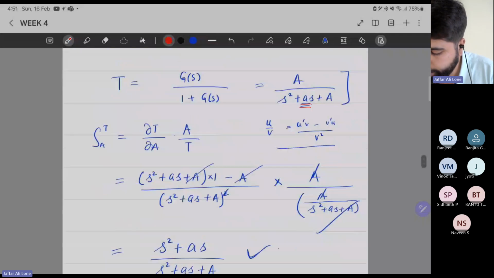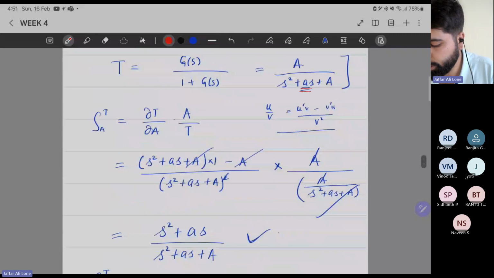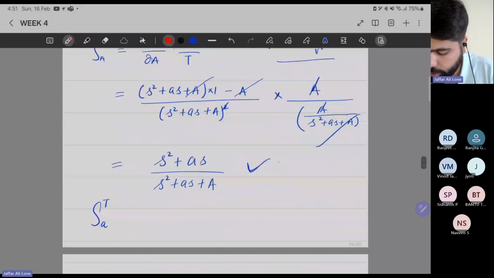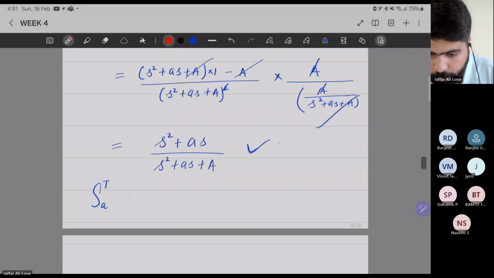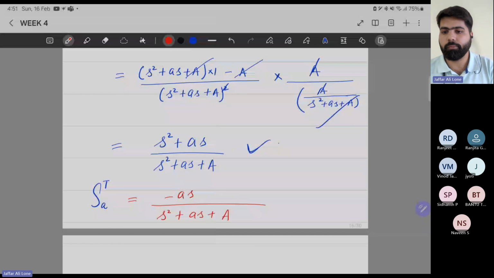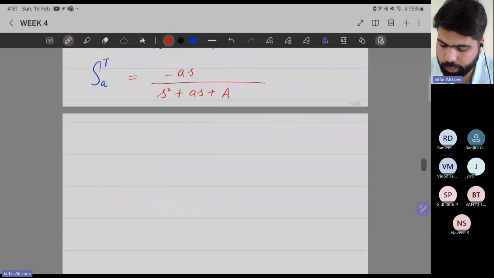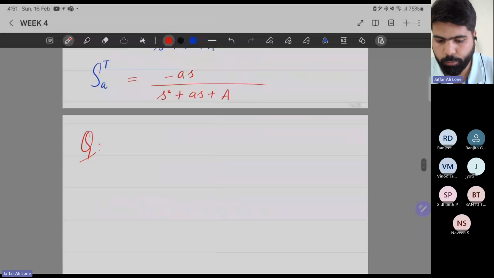So you will differentiate this with respect to small a, then again just put in the values, and the answer will be minus aS divided by something. Do check it, do try it, because you have similar questions in our assignment. It's very, very simple, you just have to apply formulas.